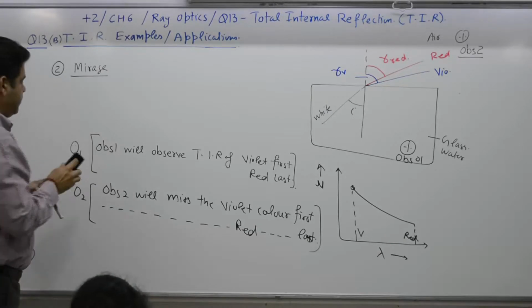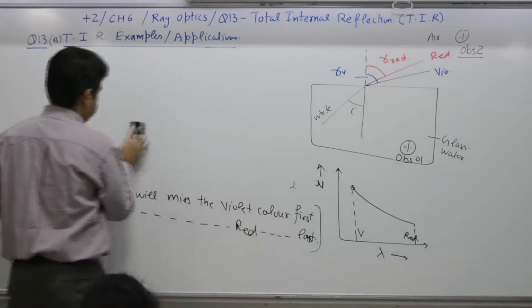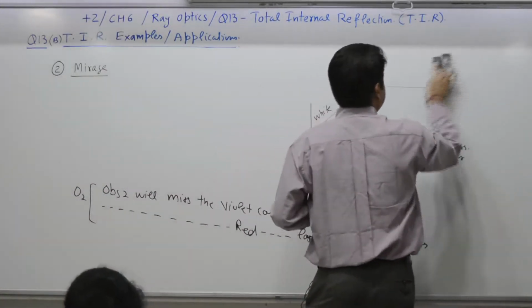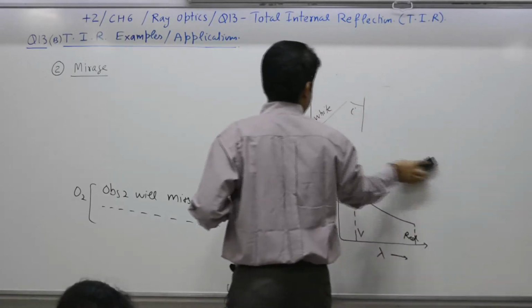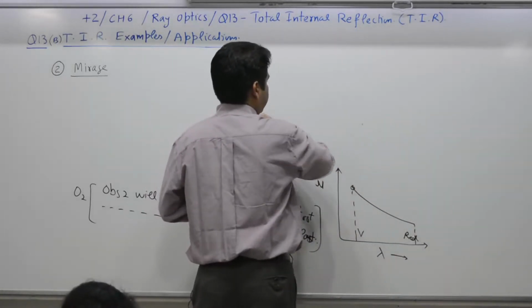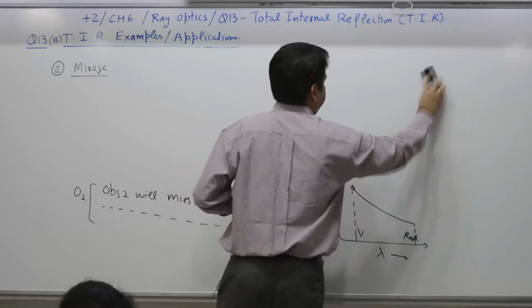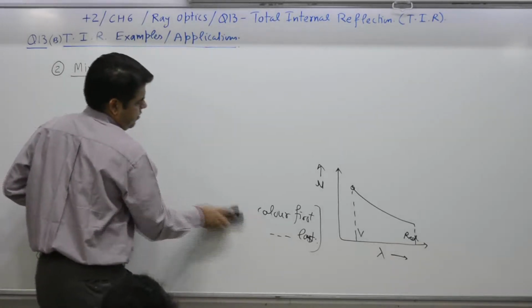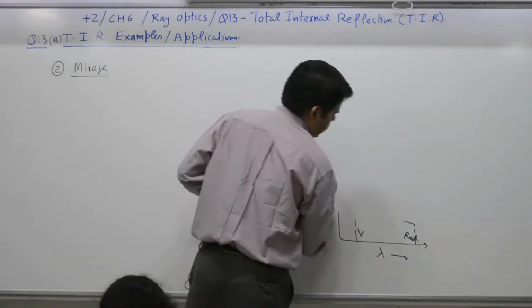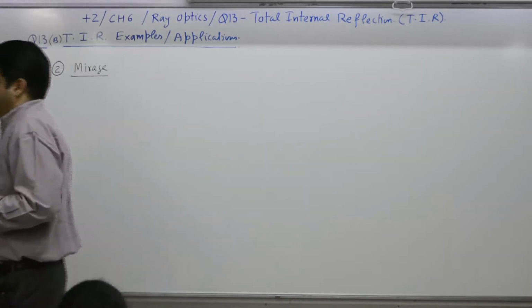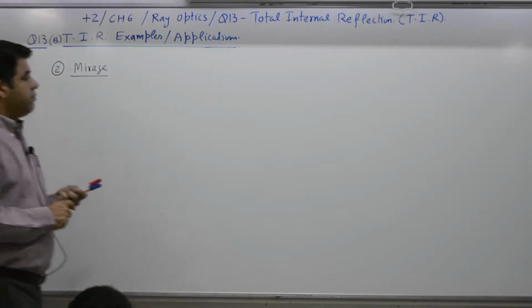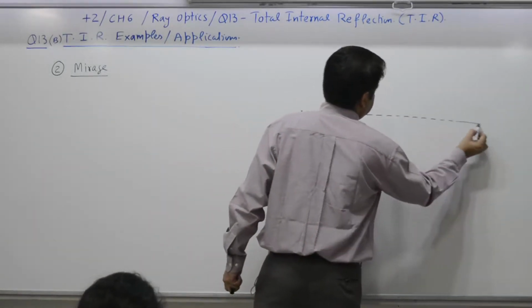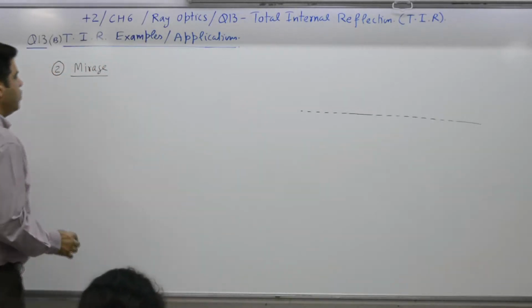Mirage effect. Mirage effect is seen in desert areas. This is the ground, that is the horizon.